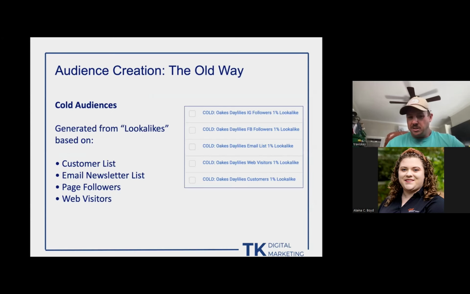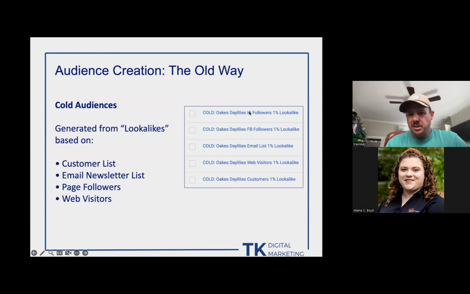They already have a list of your page followers, and if you have all your plumbing connected right, they already have kind of a list of your web visitors. You can go into the Meta audience creation tab there and create these lookalike audiences based on data you provide to Meta or data that they already have.